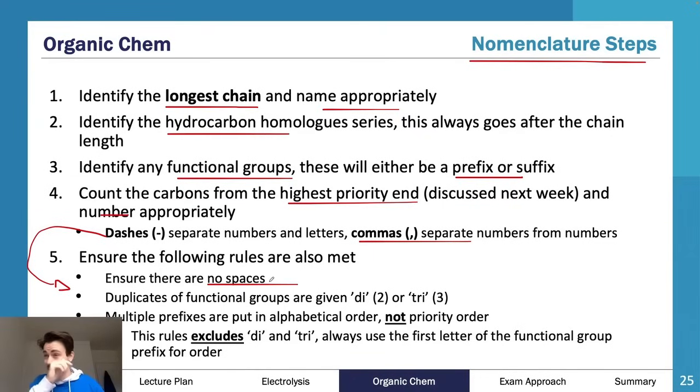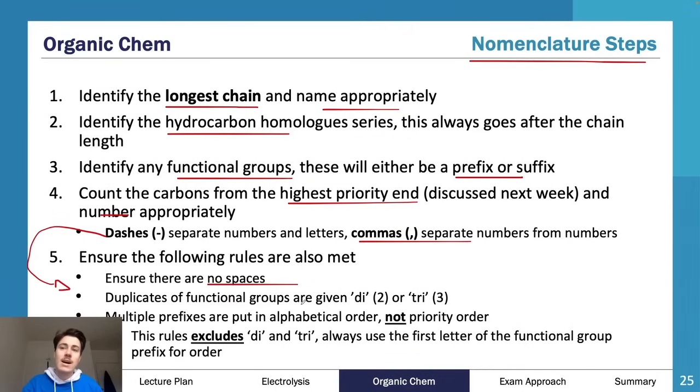I read that as like 7 words there, but there are to be no gaps. The dashes don't count as spaces. There must be 2-chloro, dash, 3-fluoro, dash, 2-methylpentane. No space between the methyl and pentane. There must be no spaces in that entire thing. It must all be written as one word.